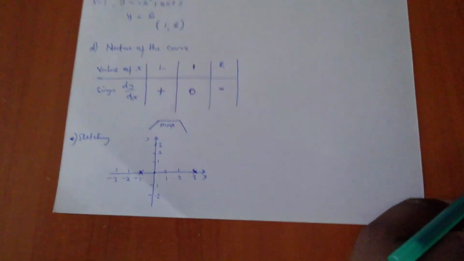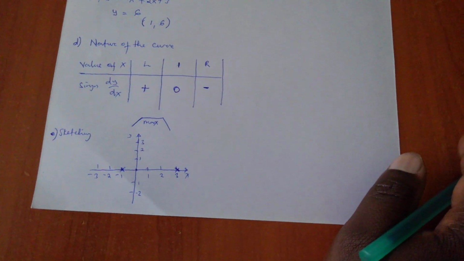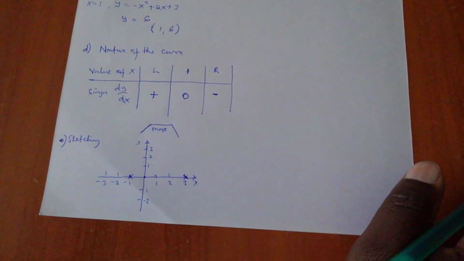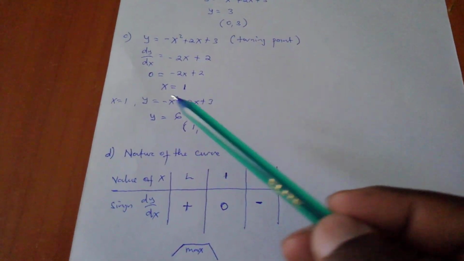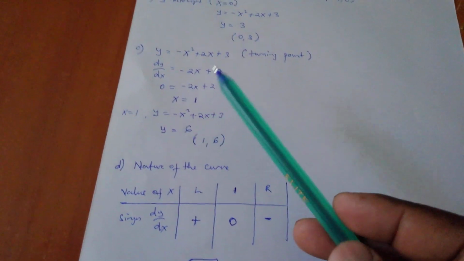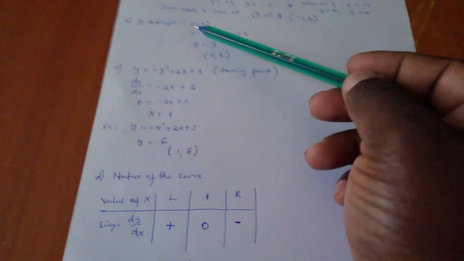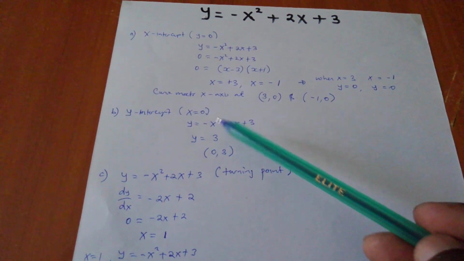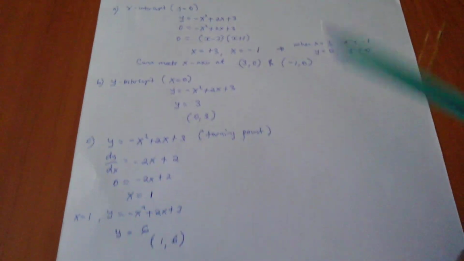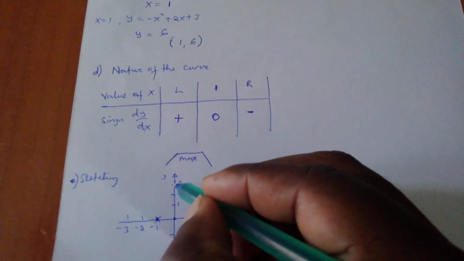I already have 2 points where the curve meets the x-axis. Where the curve meets the y-axis, what we call the y-intercept, I have this point 0, 3.